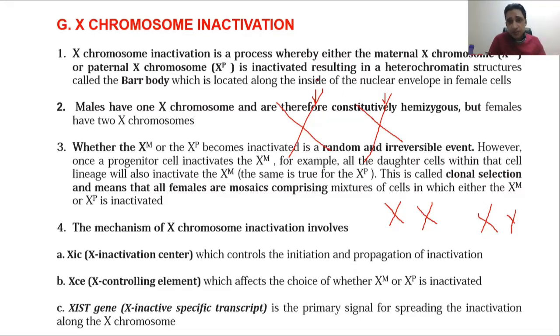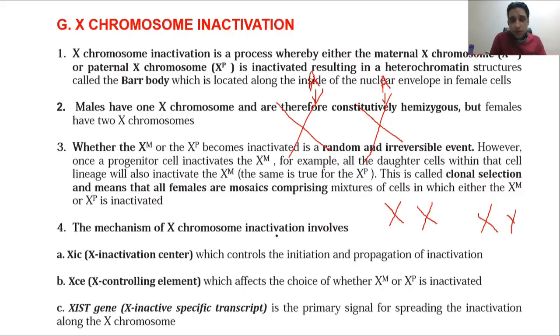Let's name this gene as A. So if this is an A gene which is present here, the A gene is supposed to be present here as well. In case of the Y chromosome, the Y chromosome is different from the X chromosome.